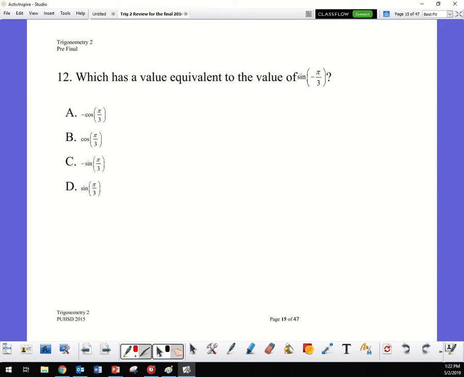So it gives you a more exact answer instead of saying degrees, minutes, seconds. Does that make better sense?